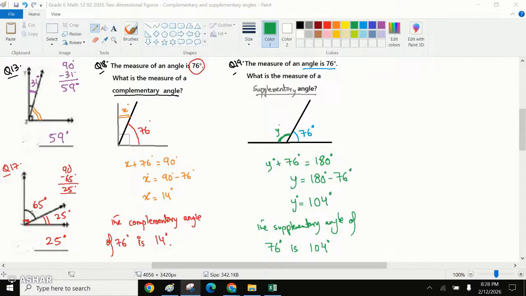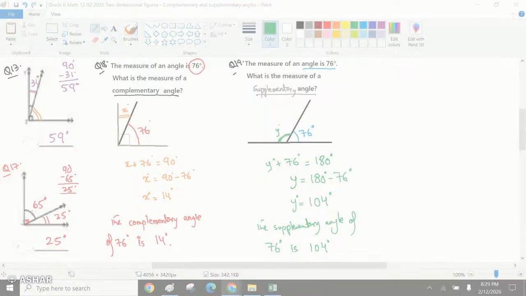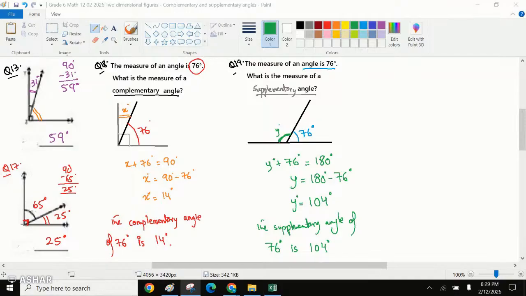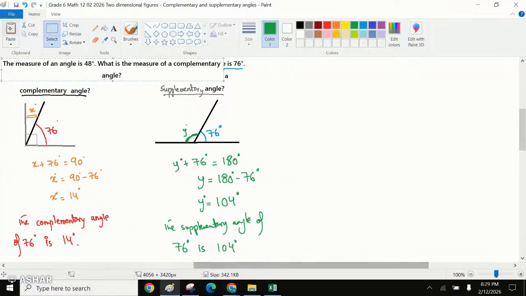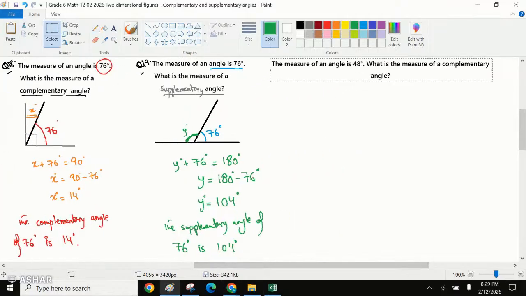For the next question, it says the measure of the angle is this. We need to find the complementary. Okay, what is the measure of the complementary angle?